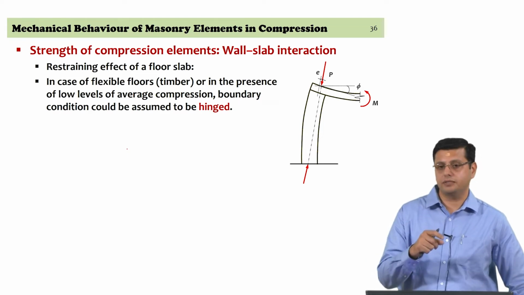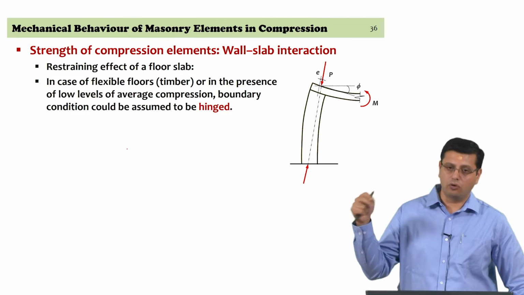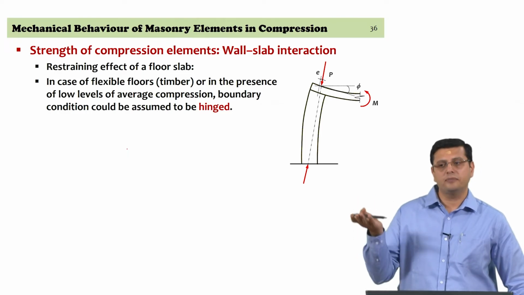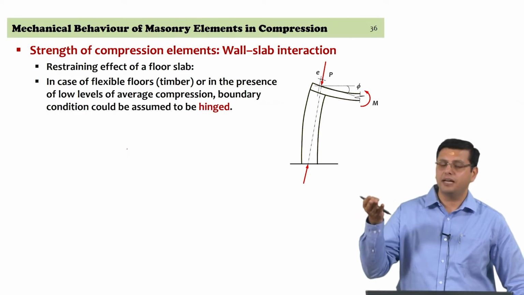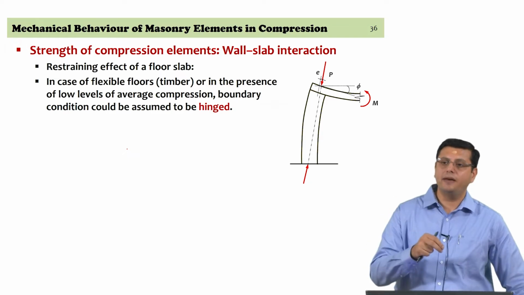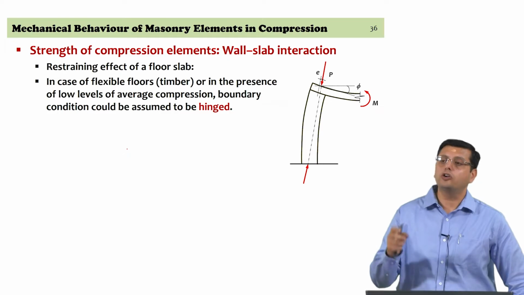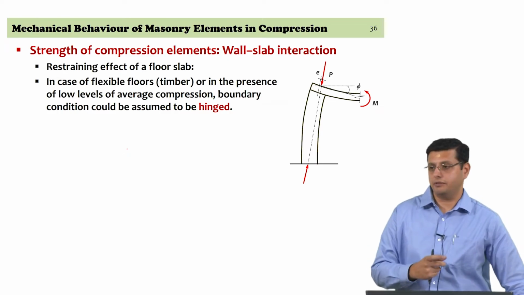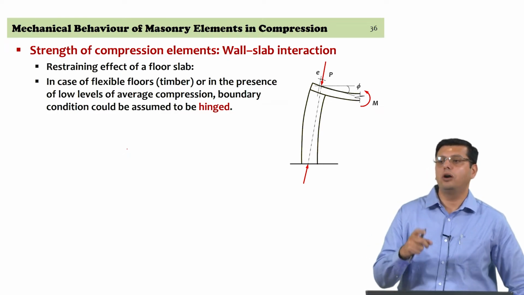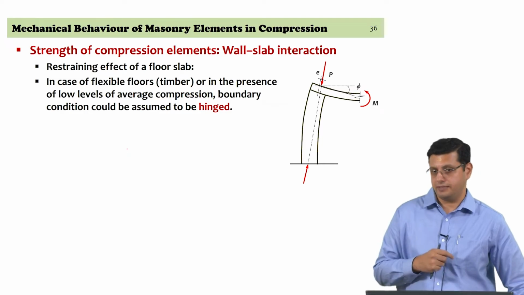In such a situation, the flexible floor, the timber floor, or reinforced concrete slab which has significantly low bearing stress, is not going to restrain the joint, and assuming that the wall is hinged is a reasonable estimate.